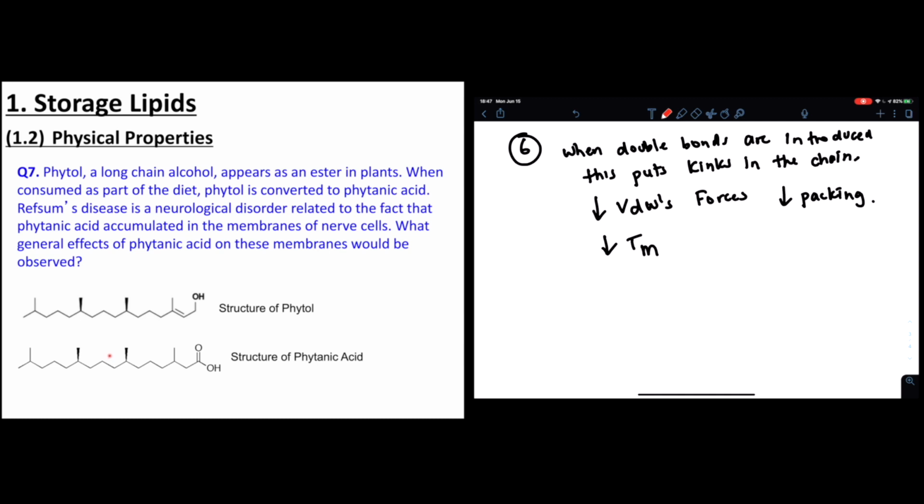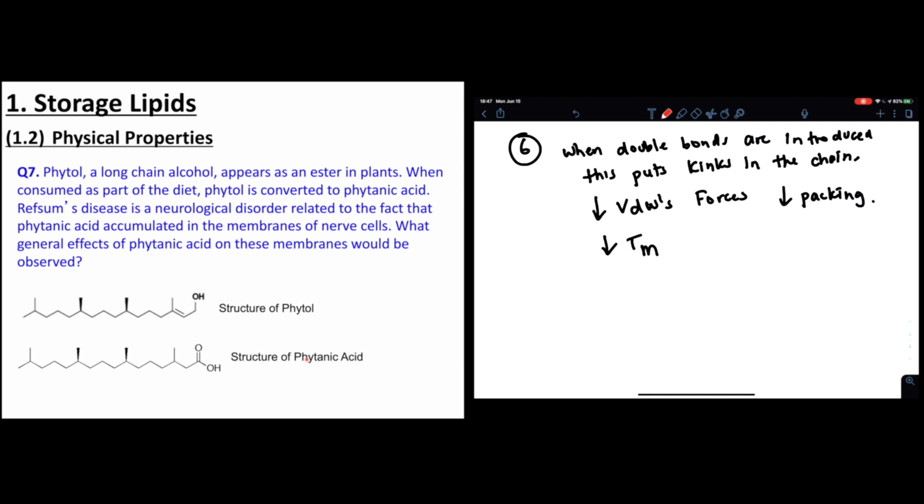And what happens is that when this phytanic acid gets incorporated into nerve cell membranes, it's going to cause something bad to happen to them. So people with Refsum's disease get this really big buildup of phytanic acid, and somehow when it accumulates in the membranes of the nerve cells, they start getting all of these strange symptoms that deal with their nervous system.